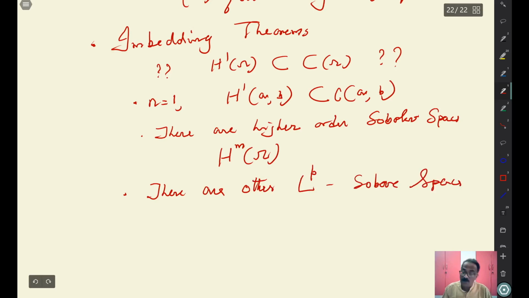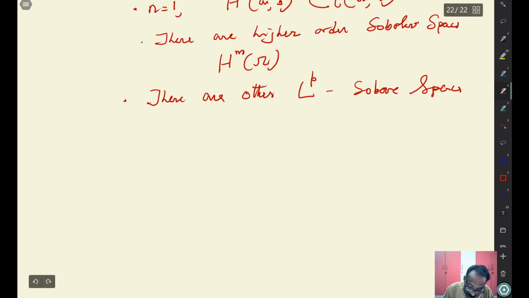You know that only L2 is a Hilbert space; other Lp spaces are not Hilbert, but you can define higher order spaces with respect to p. These are all Sobolev spaces, and when p equals 2 you have your H.